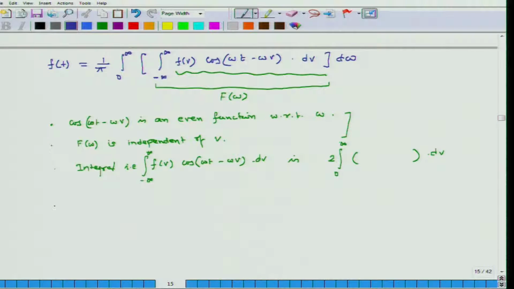So what I can do is I can rewrite my f(t) as 1 over pi, 0 to infinity, 0 to infinity again, and then because I have changed the limits, I am going to put 2, so excuse me, it's 2 over pi, f of v cosine omega t minus omega v dv d omega.